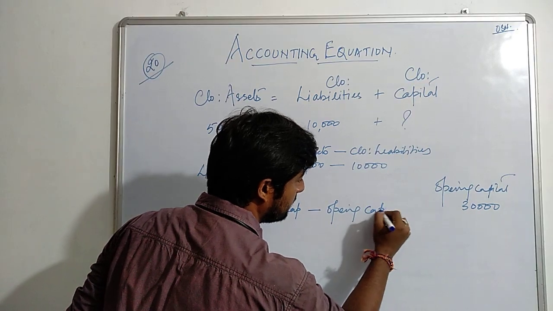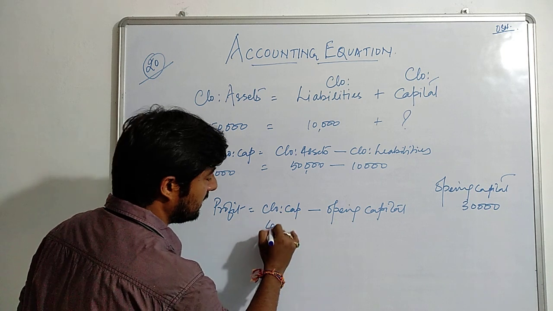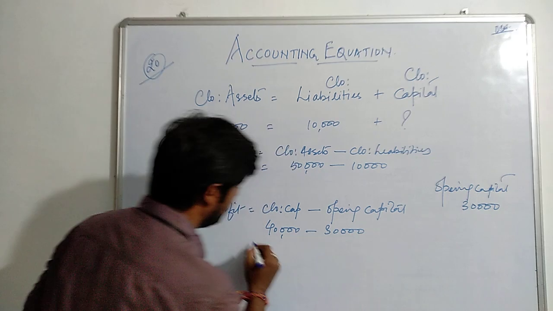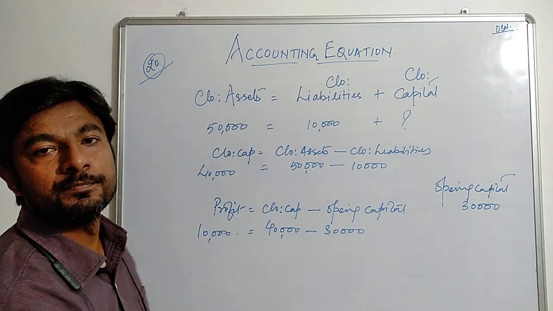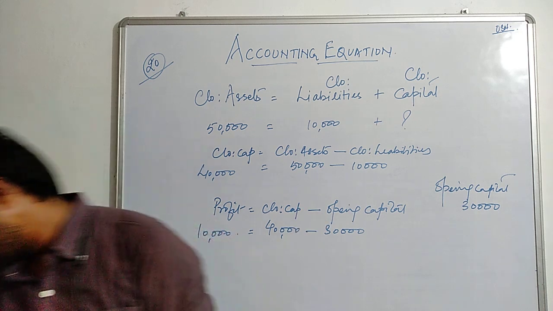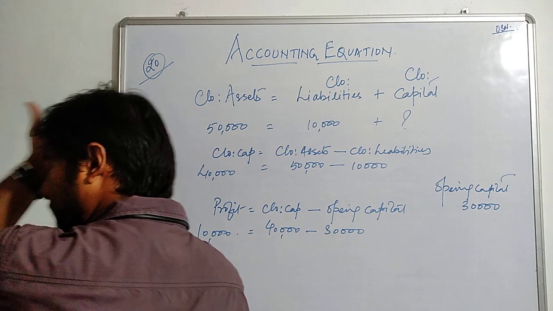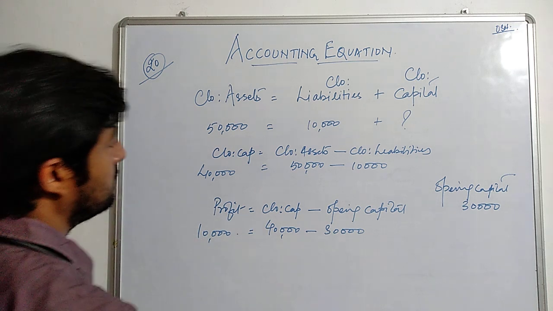Got the point? Hope you all are understanding. Right now, closing capital is 40 and opening capital is 30. So the profit is 10,000. Hope this question is very clear to all of you. Shall we proceed to the next question?